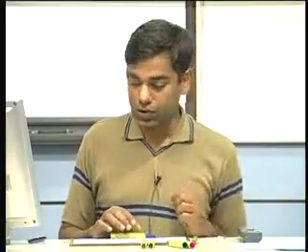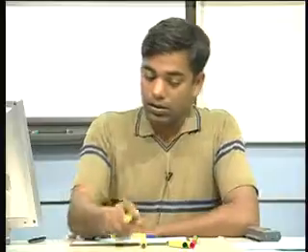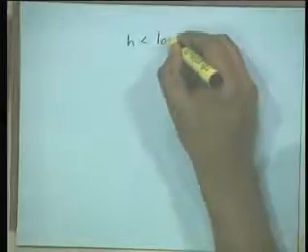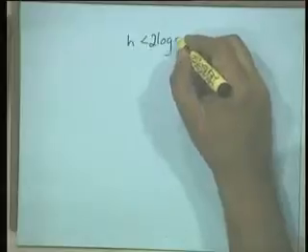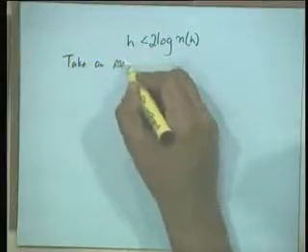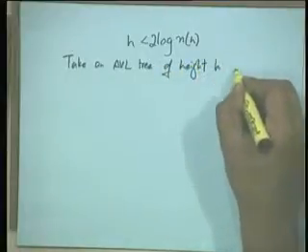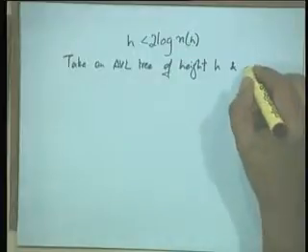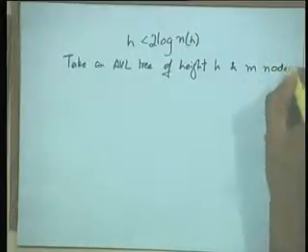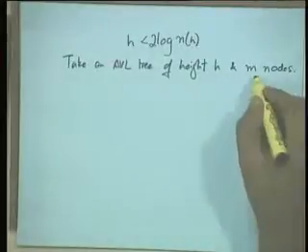Okay. If you are getting confused, let me just clarify this. What we argued here was that h is less than 2 times log of n of h. Now take an AVL tree of height h and let us say m nodes. So its height is h, it has m nodes in it.